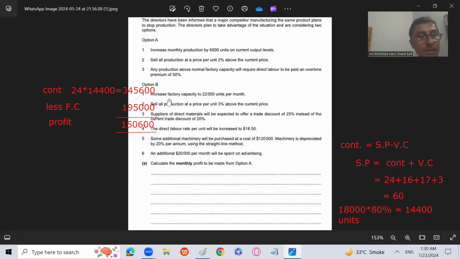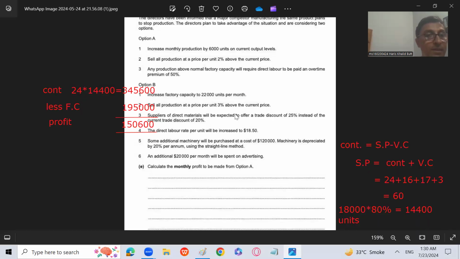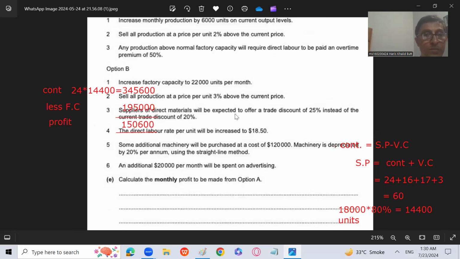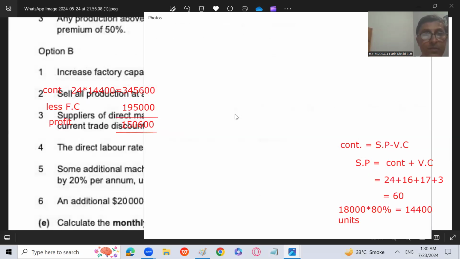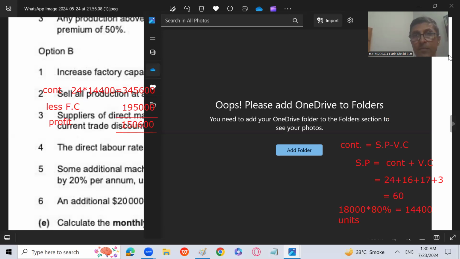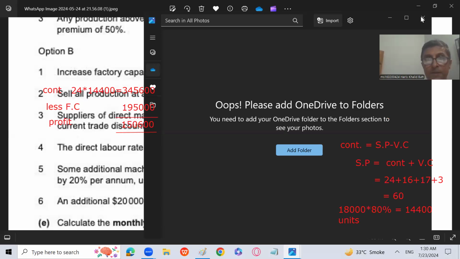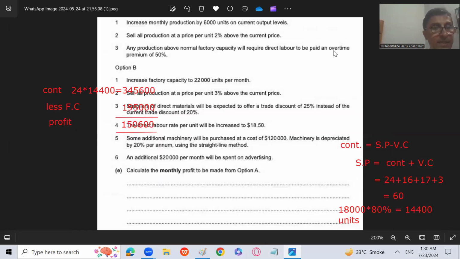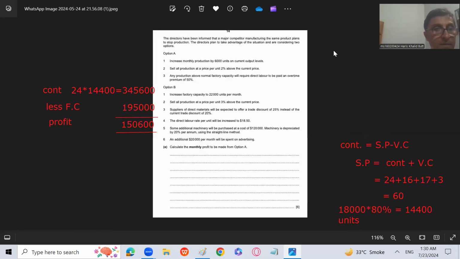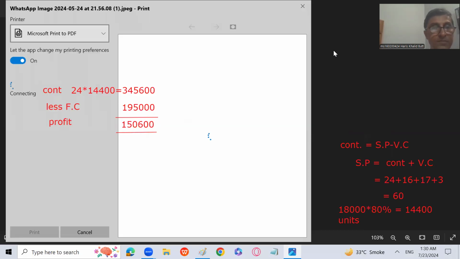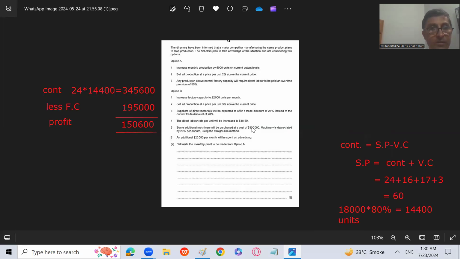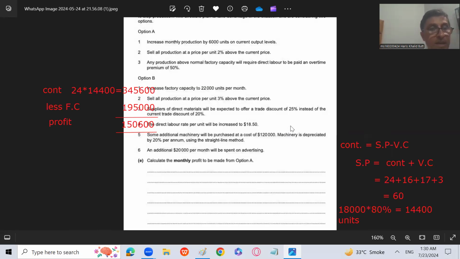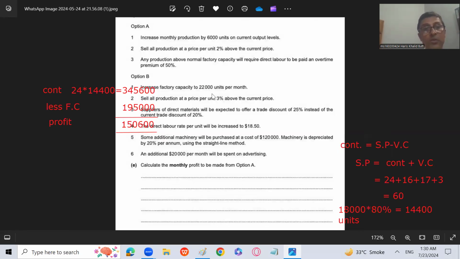In option B, the question is basically saying that you have to increase the factory capacity to 22,000 units.